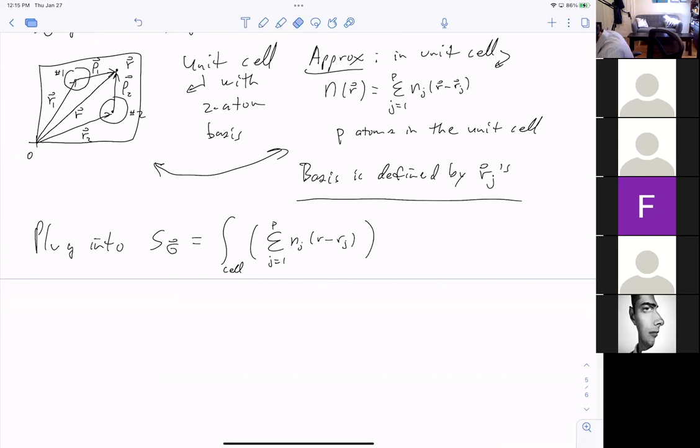Okay, and so this is the electron density from the jth atom is this, okay? All right, and then I have to multiply this times e to the minus i g dot r d cubed r. And then, so what we'll do is a simple change of variables.